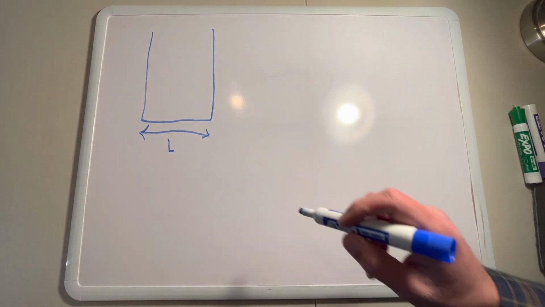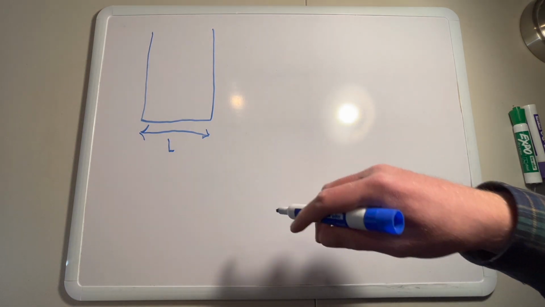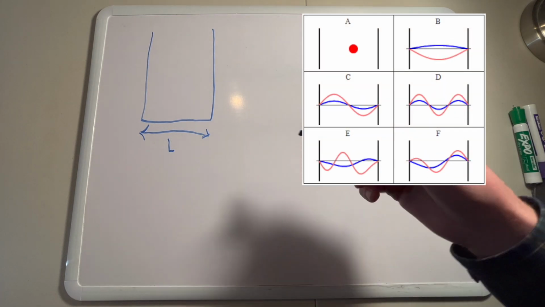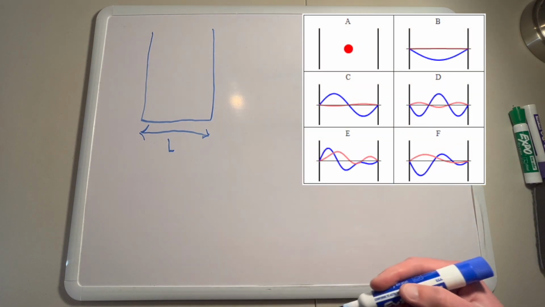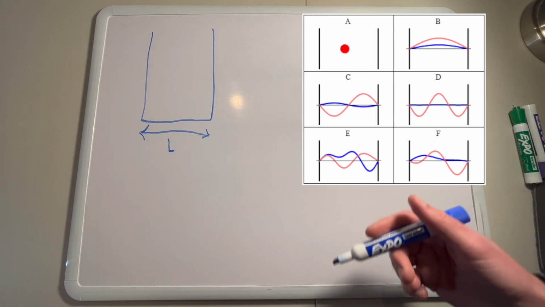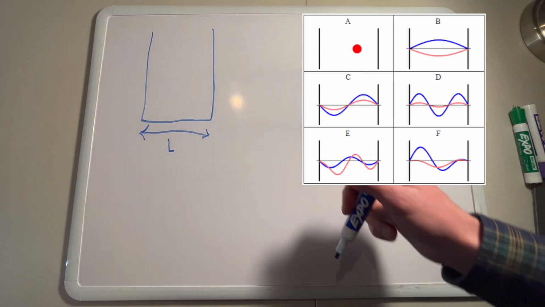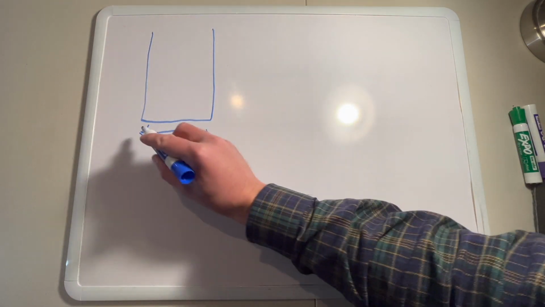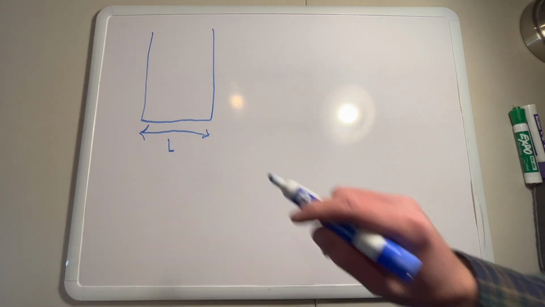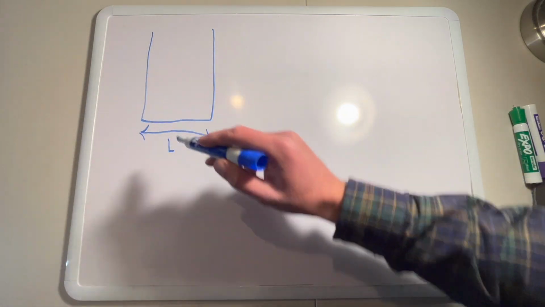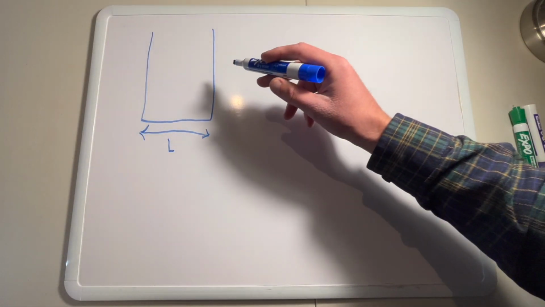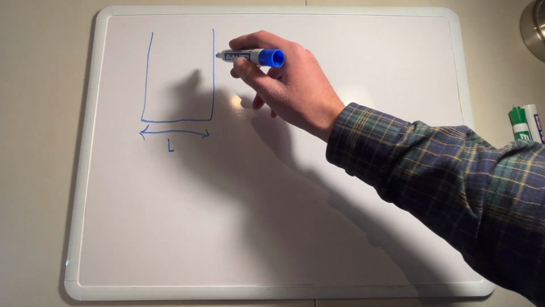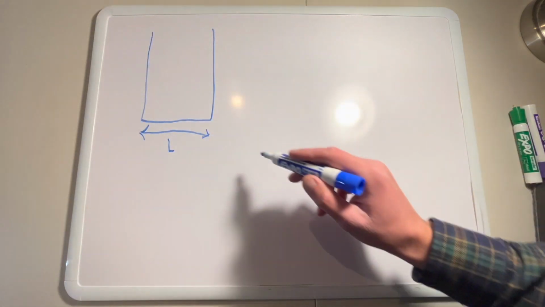And what we need to imagine here are the different waveforms that our particle can take on. This is what we call the wave function of the particle, and that's related to the probability of finding our particle somewhere, some location along this distance L. And what's really important here, because this is an infinite square well, we are never going to find our particle outside of the box.